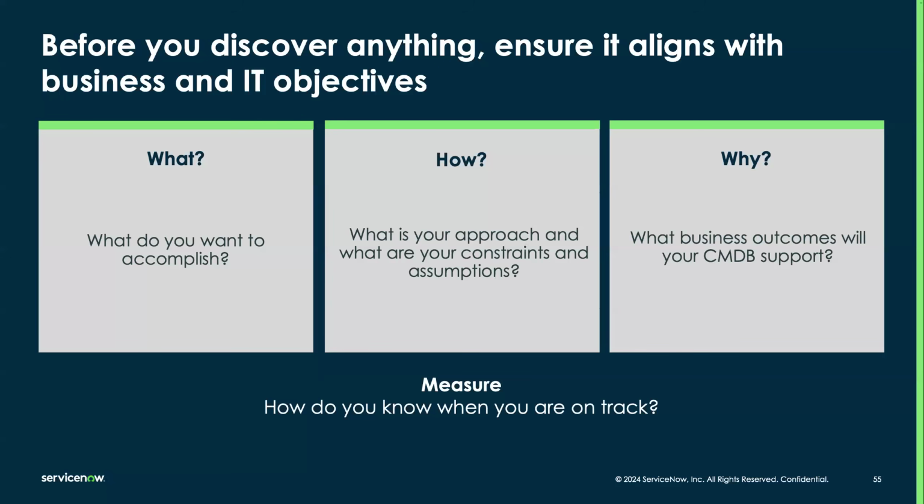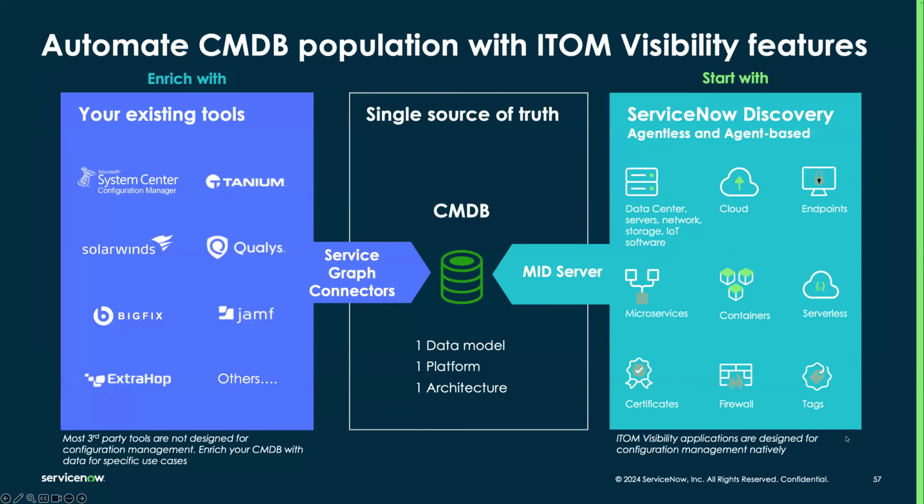And then the why. What are the outcomes that the CMDB will support? So you also need to measure, how do you know that you are on track. So you need to make sure that you ask yourself the right questions.